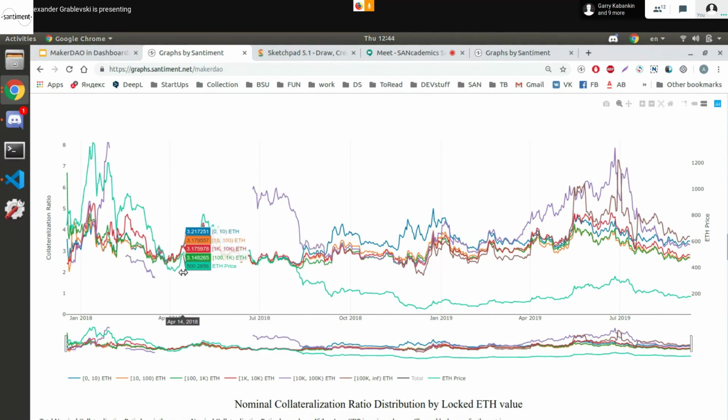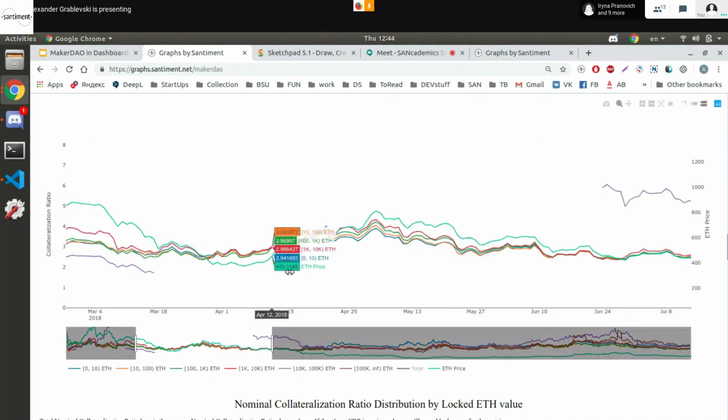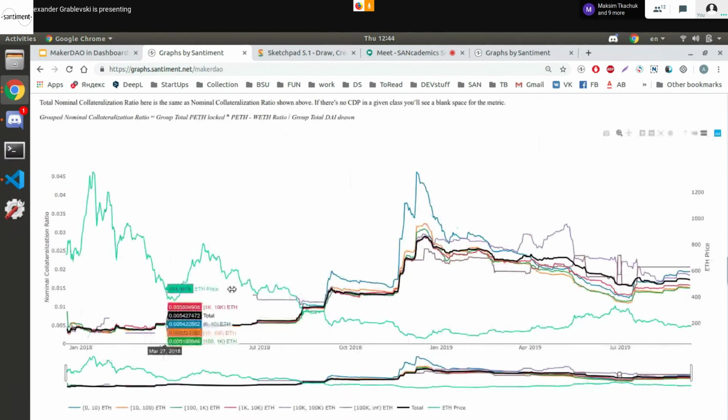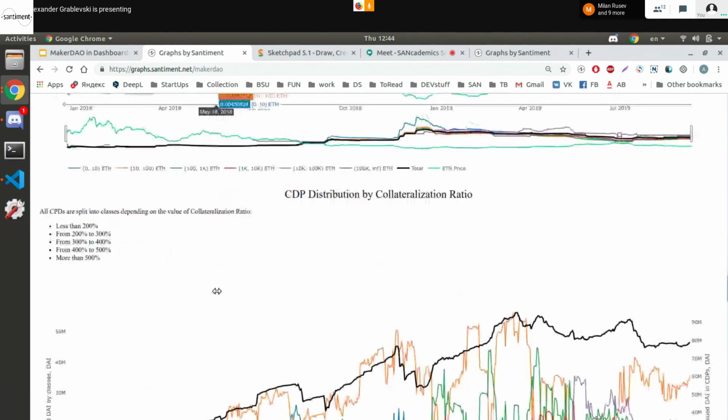It doesn't mean that the graph is broken. It means that there were no CDPs in this period of time which fell into this category. So I can conclude that in all this period, there was no single CDP that held from 10,000 ETH to 100k ETH. And the same here, these are breaks.